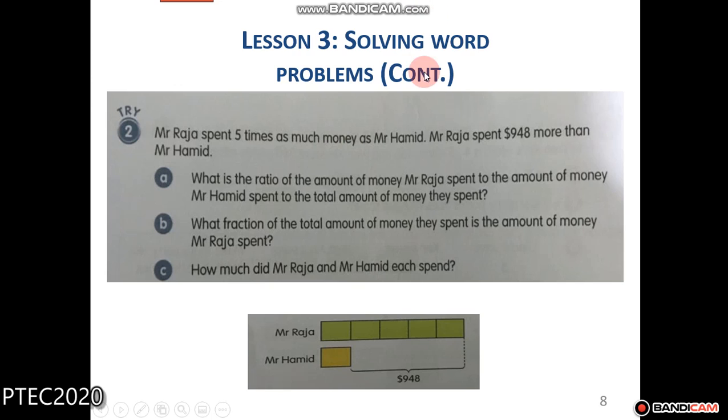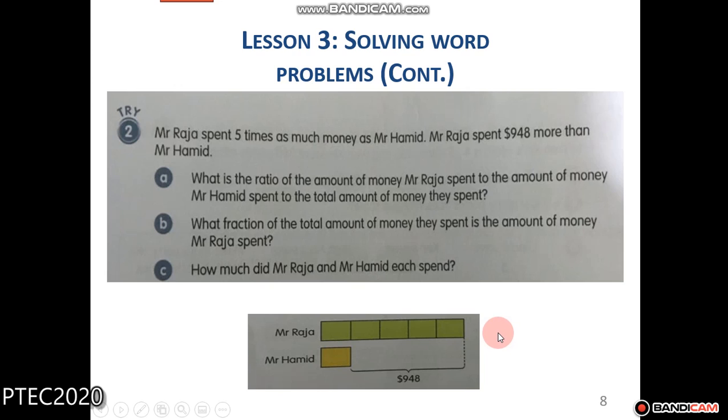And here Mr. Raja spent 948 more than Mr. Hamid. You can see here, this is the amount of money that Mr. Raja spent more than Hamid. That is 948, and it is 4 units, right?